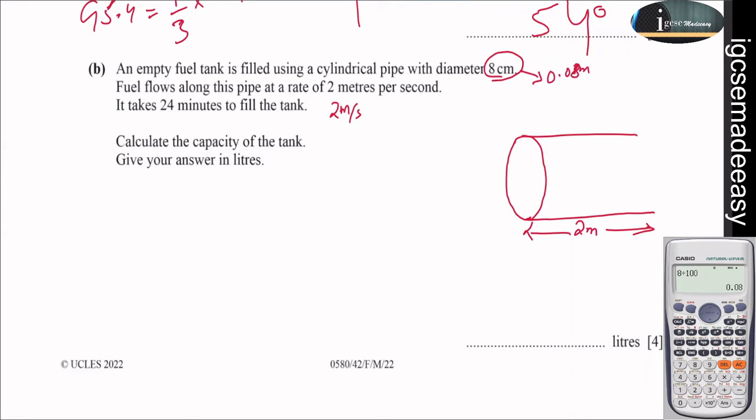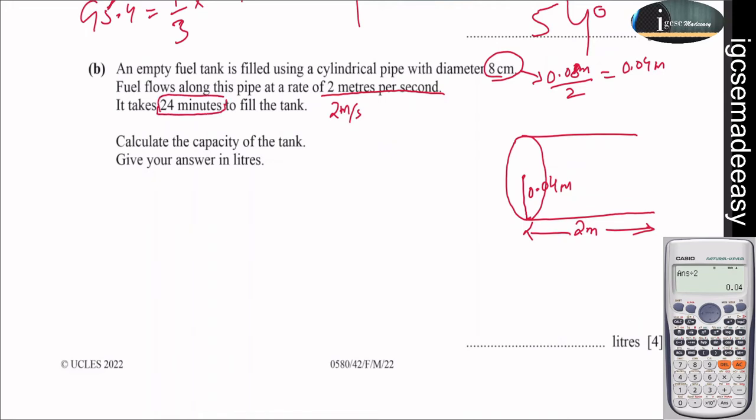Because it's a diameter, I have to divide it by 2 to get the radius, right? So if I divide this by 2, I'll get the radius, that is 0.04 meter, the radius of the cylindrical pipe. I converted into meter because the flow rate was also in meter. Now here it is 2 meter per second, but the time taken to fill the tank is 24 minutes.